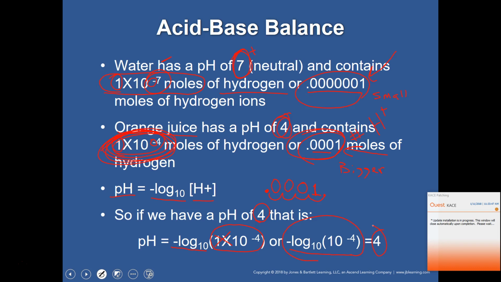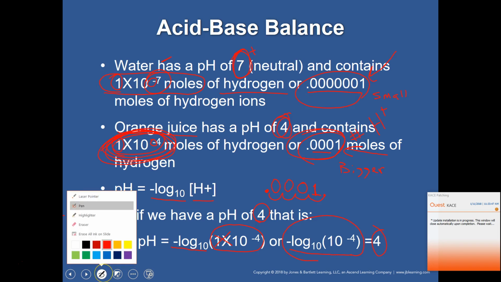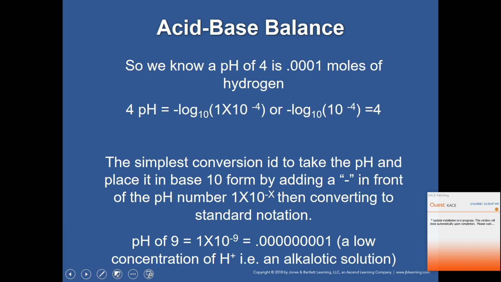So to take another look at that, we know that a pH of 4 is this number here. We know that a pH of 4 is actually that many moles of hydrogen. And we got a pH of 4, which is this, or this, which equals that, which is what we just did on the last screen.